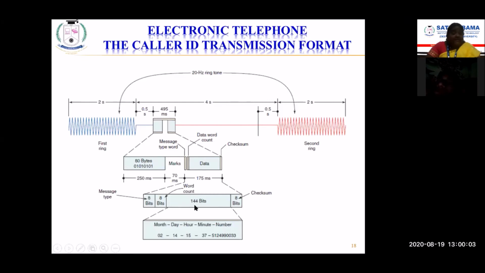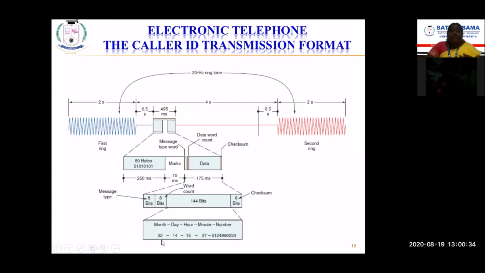These 144 bits are going to represent 2 digits for month, 2 digits for day, 2 digits for hour, and 2 digits for minute, followed by the 10 numbers. So everything will be converted. Here physically I am showing the number as 2, 14, and the day means the date. Then the hour, minute, and the phone number, the telephone number of the caller, the person who is calling.